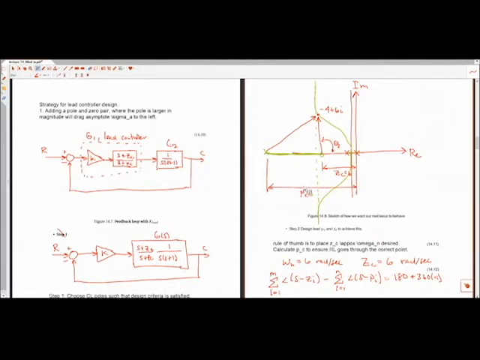So we don't know what PC is yet, but we can label this and call it theta 1. We can calculate theta 2. We can also calculate what we will call theta 3, which is a vector running from this pole at -1 and the pole at the origin. And we'll call these angles theta 3 and theta 4.